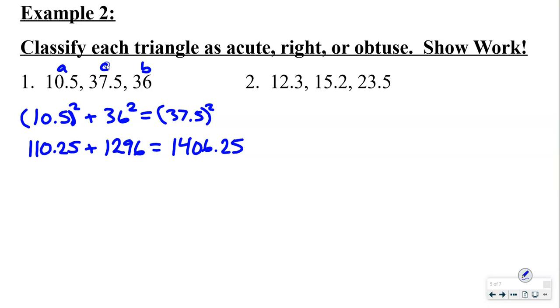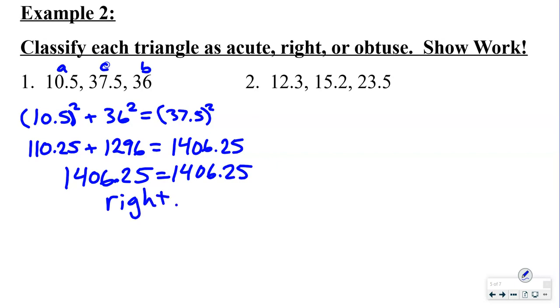So 110.25 plus 1,296 equals 1,406.25. So they do equal each other. So they are a right triangle.